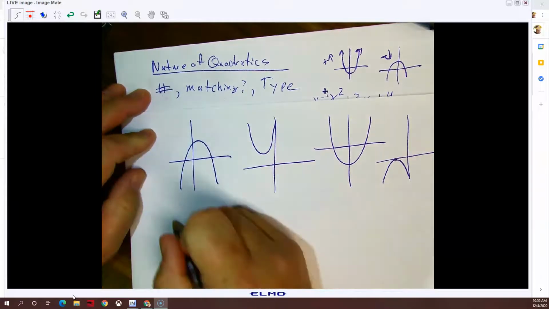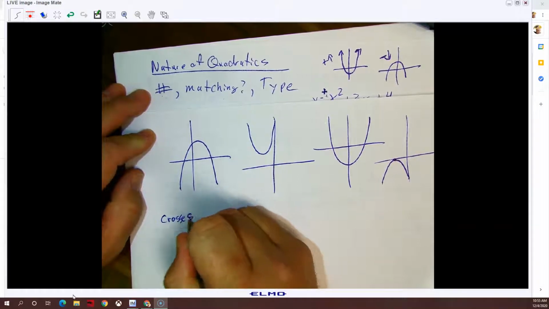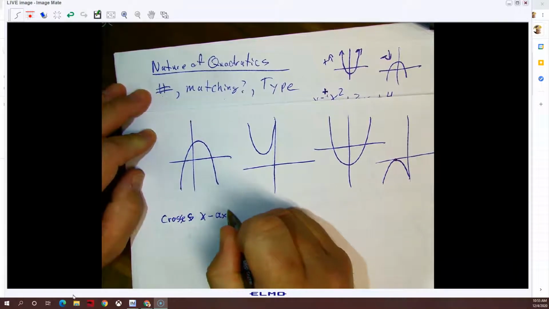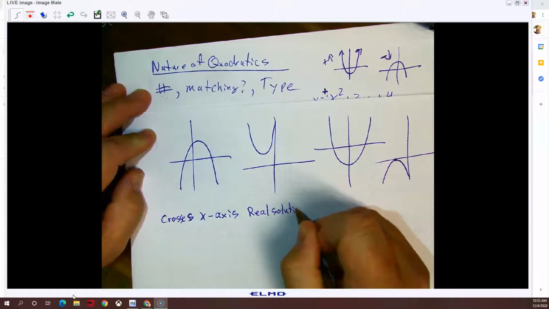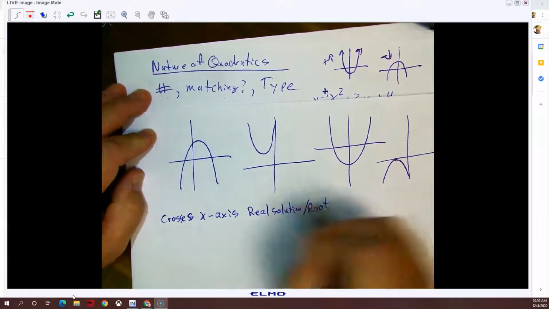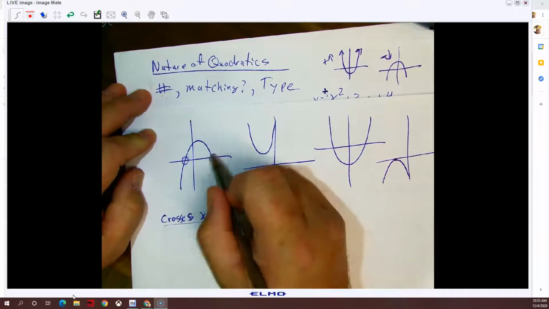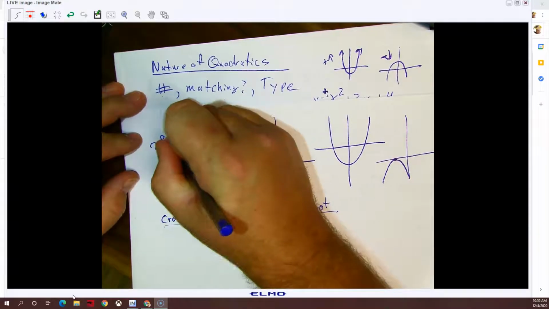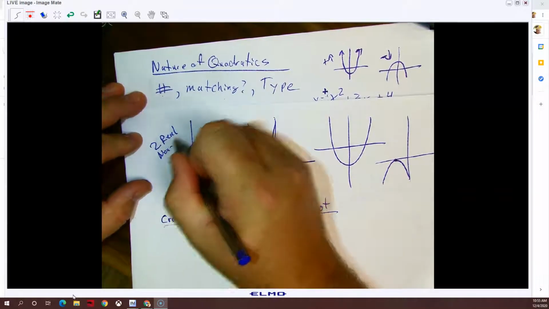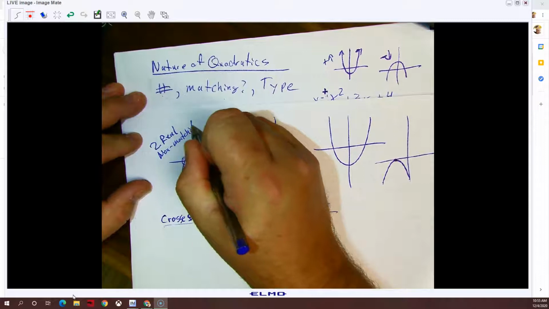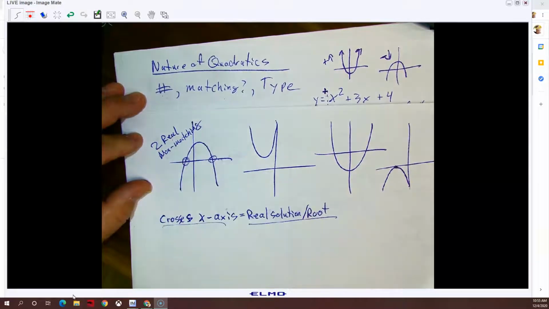In this case, any place it crosses the x-axis, that means it is a real solution or root. So in this case, you would say, oh, I have two real solutions. Now, because they're in two different places, we would say non-matching because they're not exactly the same.